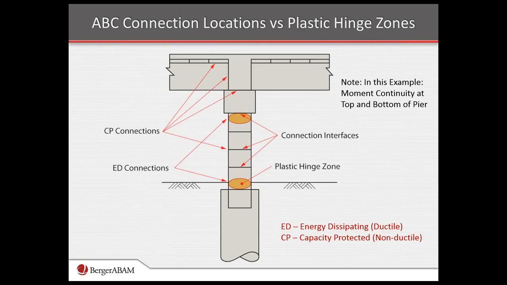So the strategy is all about choosing where your ductile elements will be and determining what the force will be from those ductile elements and designing the rest of the elements to be able to withstand the forces that are commensurate with those ductile forces.